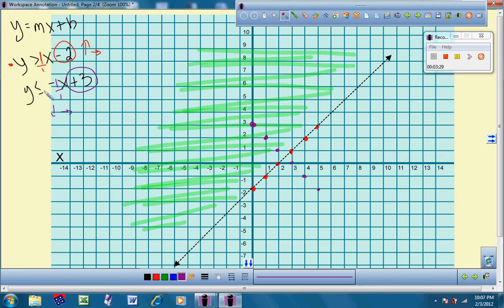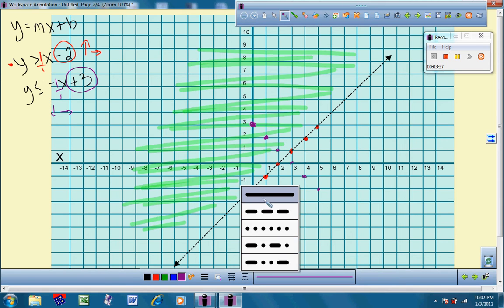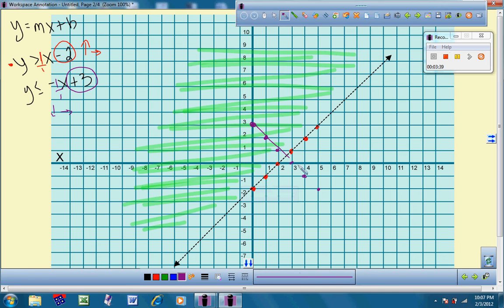Alright, so go back to your inequality, less than or equal to, I need a solid line. So let's go ahead and draw a solid line. Let me go back and fix that. This time let's go ahead and capture the arrow. Make sure we have a solid line.